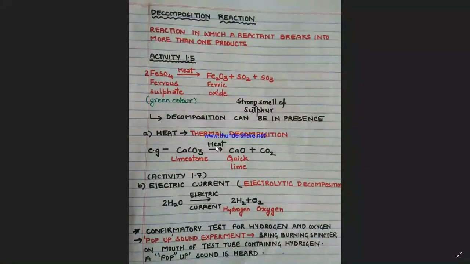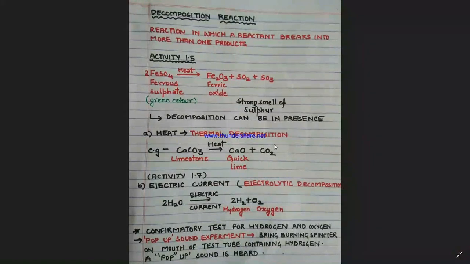When it is heated, it changes into quicklime, that is calcium oxide, and carbon dioxide. When we heat this calcium carbonate, the confirmatory test of the gas carbon dioxide tells us that the compound has dissociated into quicklime and carbon dioxide.